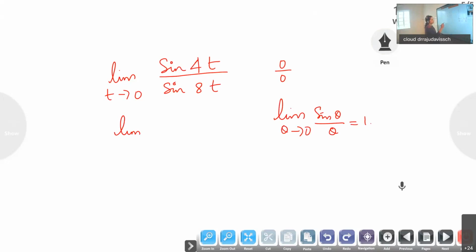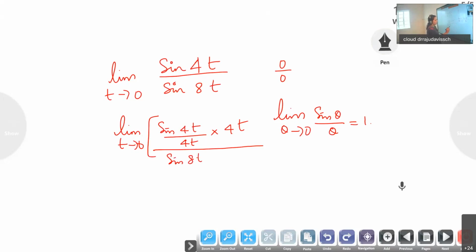The first step, I'm going to split this as limit t tending to 0, sine 4t. In the numerator, I'm multiplying and dividing by 4t, and for the denominator sine 8t, we multiply and divide by 8t.